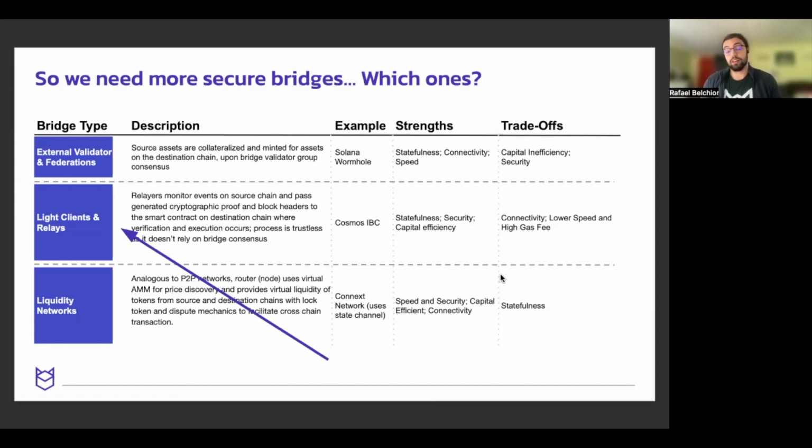According to what we've seen, there's a trend to move more towards the light client and natively verified solutions in the industry because they're the most decentralized ones, rather than externally validated and even liquidity networks.